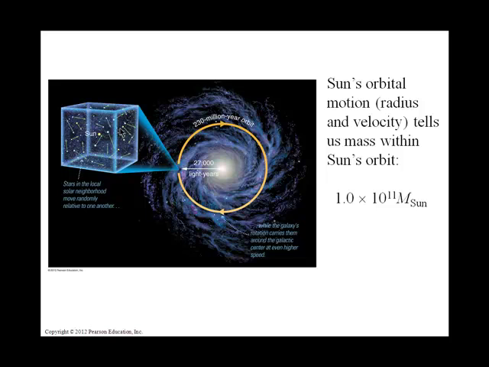So just like we got to the masses of stars in a binary system by studying their orbital period, also we can get to the mass that is contained within the sun's orbit, looking at the sun's orbital period. And it looks like that mass is about 1 with 11 zeros behind it, solar masses.